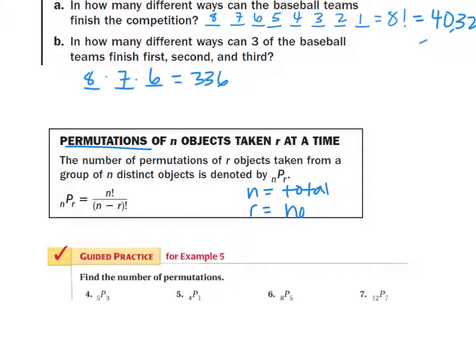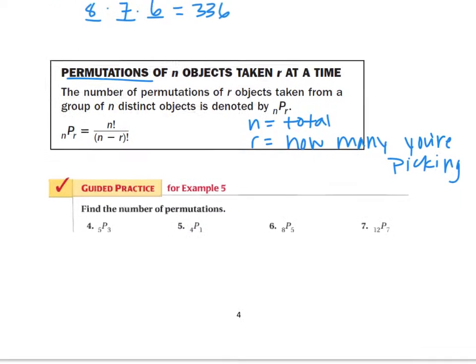So how many we're picking to put into the order. All right, so we've got this little formula here, n factorial on top, total on top, difference of the two numbers on the bottom.